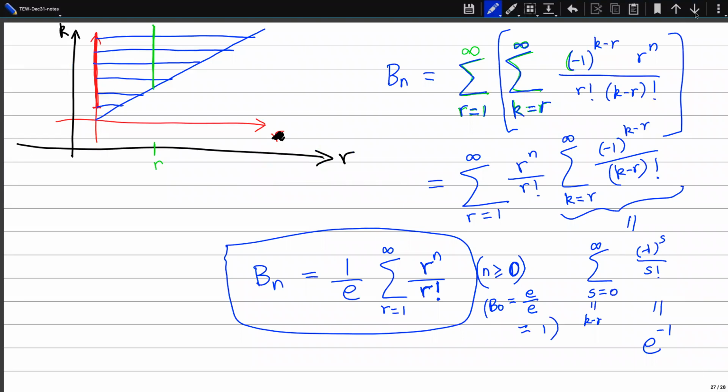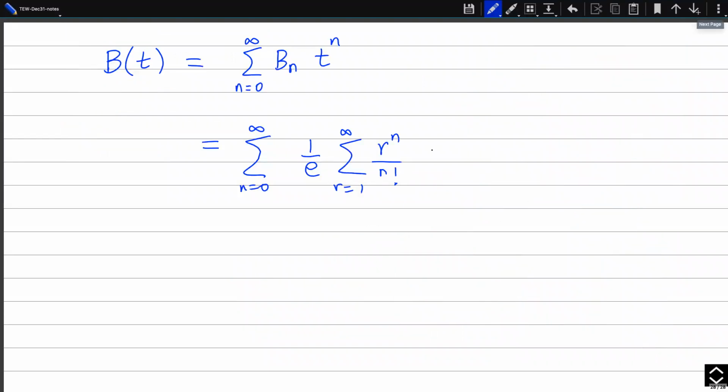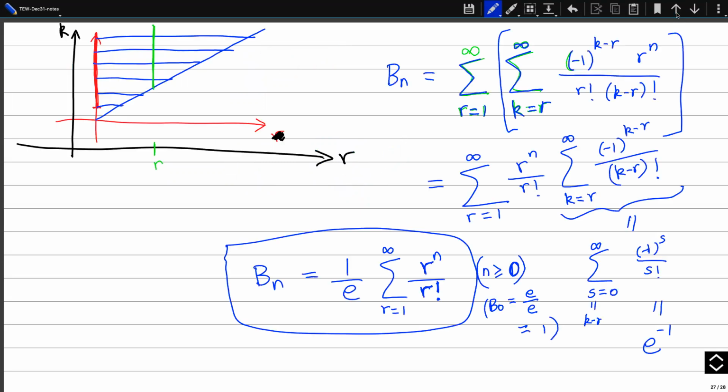Then we have to sum this times t power n. This 1 by e is a constant that we can just pull out.